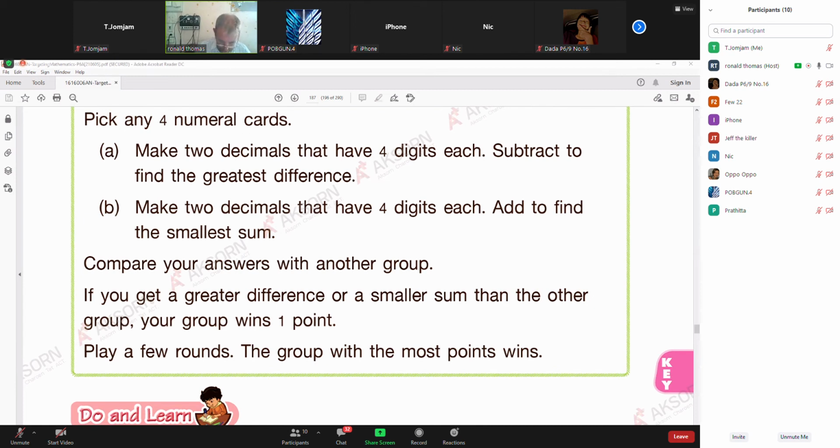Remember when you're adding and subtracting your decimal point, that should be no problem for you now, guys.